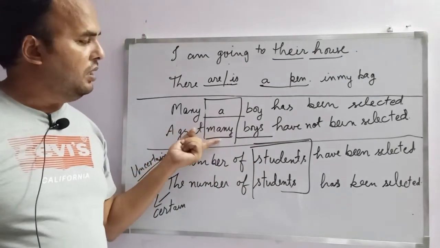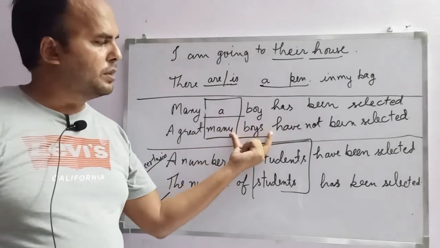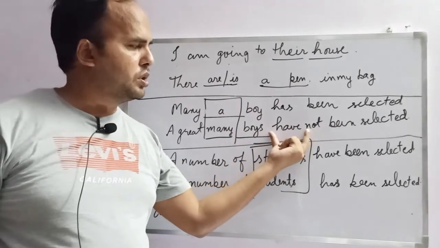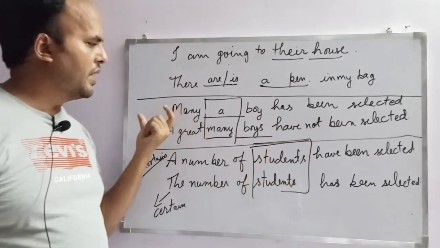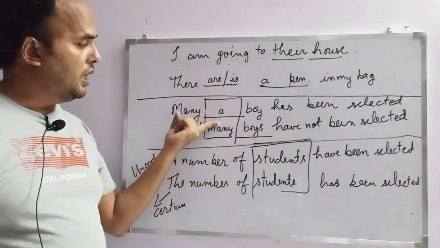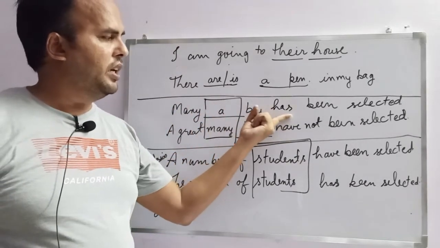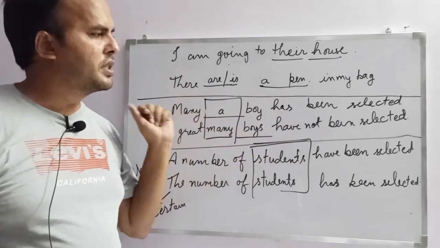A great many, because it is plural, you are going to use a plural noun and a plural verb. Once again, many a is singular, therefore the subject part, the noun part is singular, therefore the verb is singular.